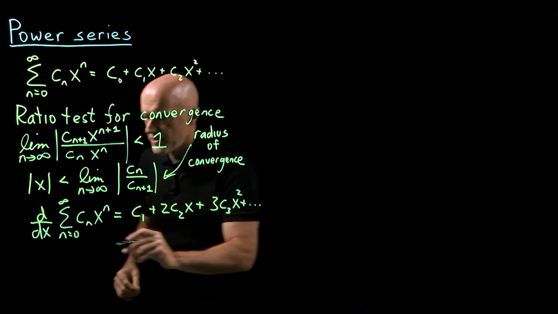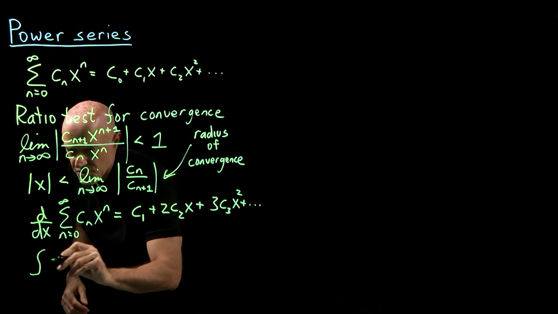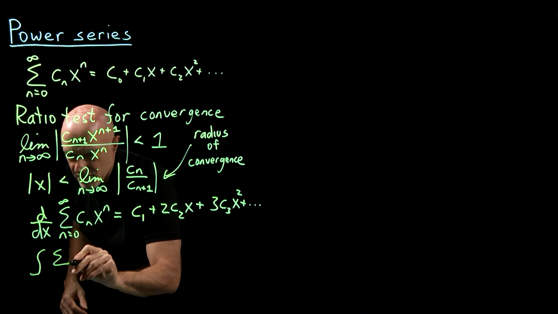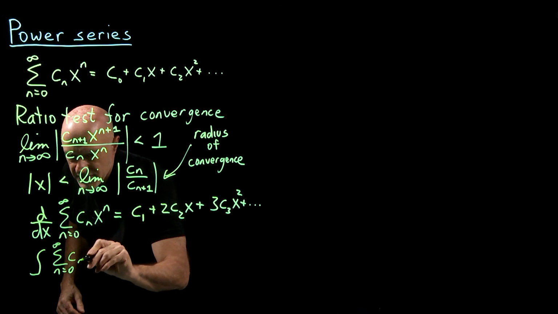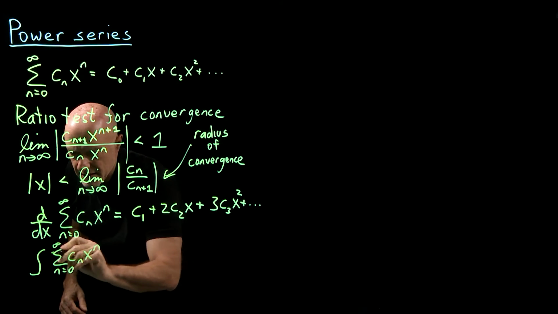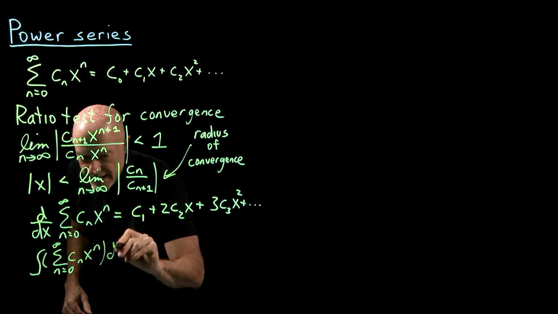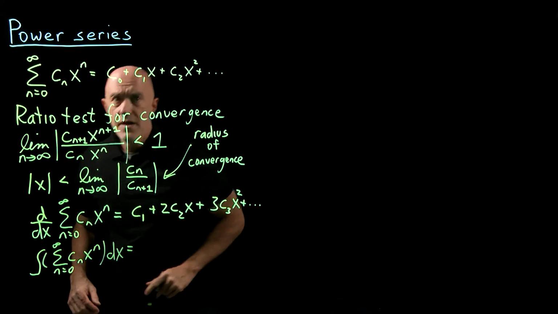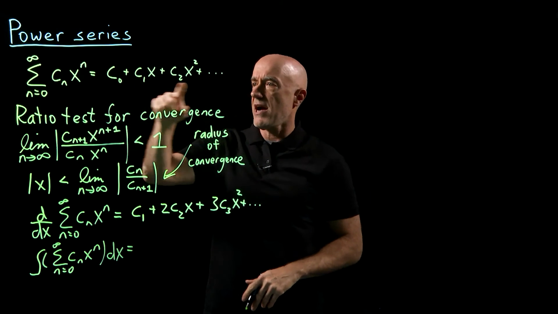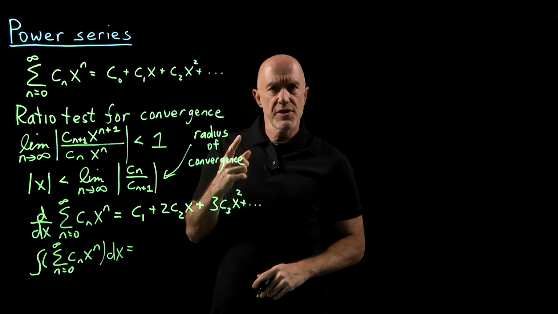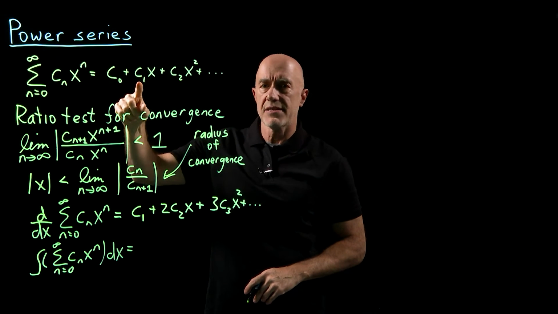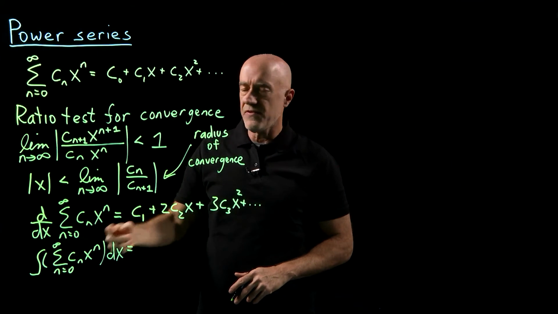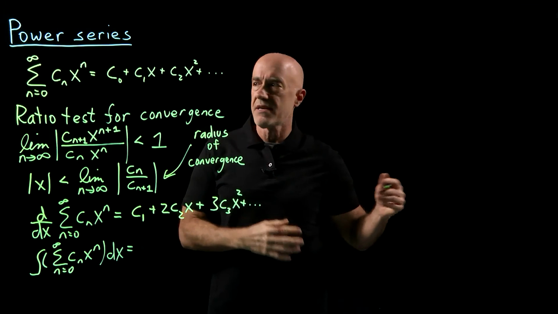If we wanted to integrate, let's do the indefinite integral. So the sum from n equals 0 to infinity of c sub n x to the n, we're going to integrate dx. Then if we integrate the right-hand side term by term, first we get rid of the constant, because this constant here will be c naught x. But remember that the indefinite integral is always plus a constant.